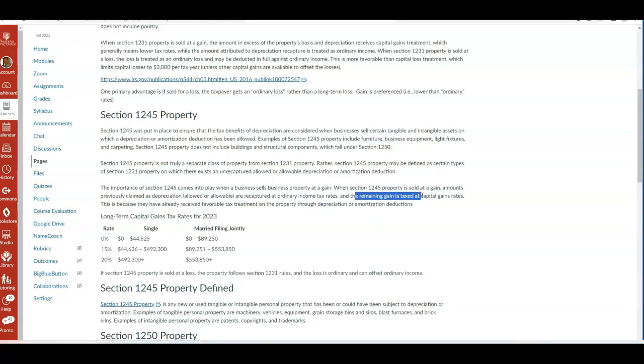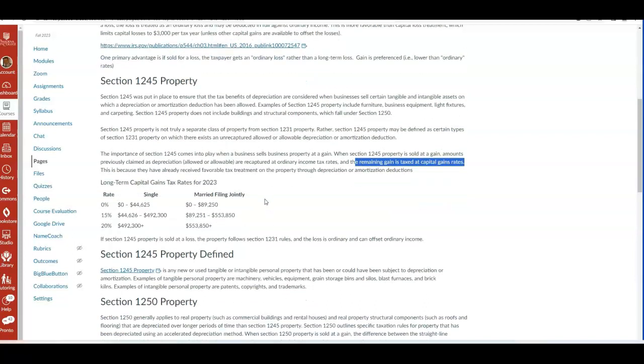However, the remaining gain is taxed at capital gain rates, which are much more favorable. This is because they have already received favorable tax treatment on the property through depreciation. That's why that portion has to go through ordinary income. Whatever is not depreciated is just regular gain, and it will be considered capital gain.